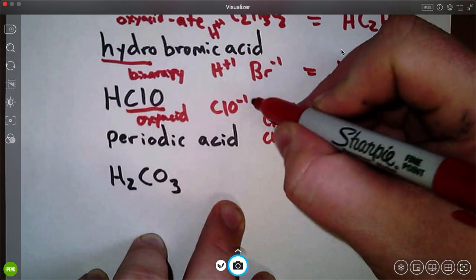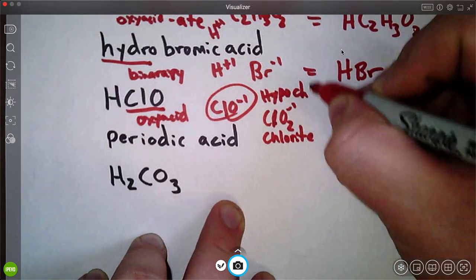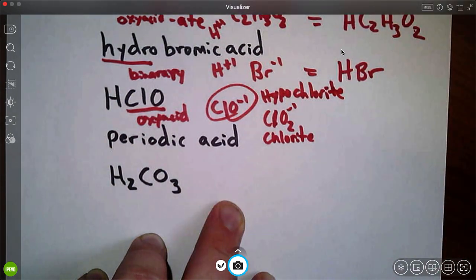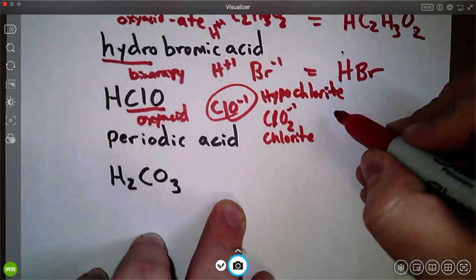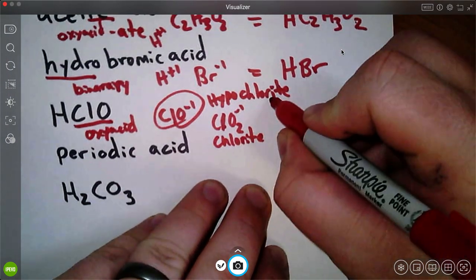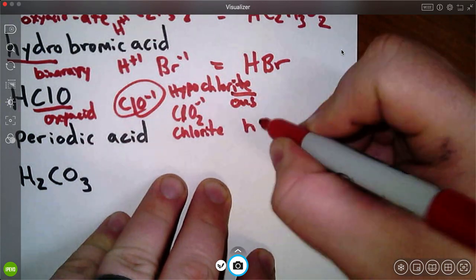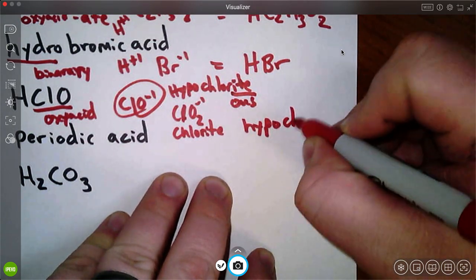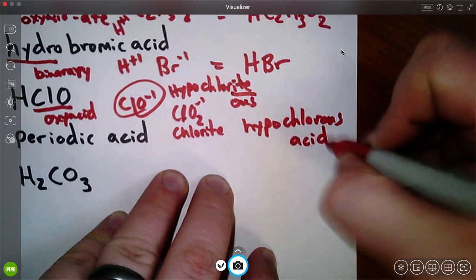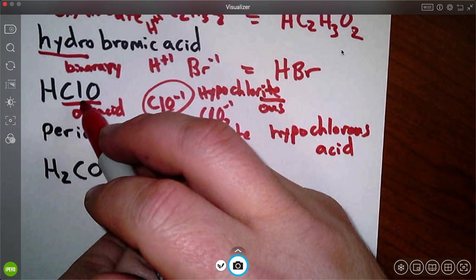Okay, so this right here is hypochlorite. Not hydro, hypochlorite. Okay, so what we would call this acid, we're going to change the ite to ous. So we're going to change it to hypochlorous acid. This is called hypochlorous acid.